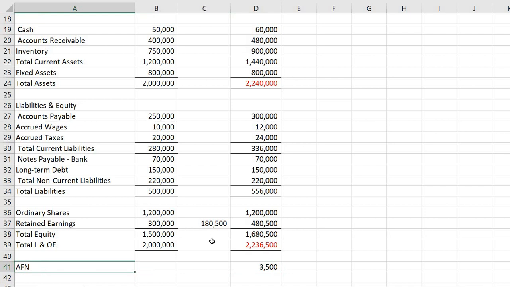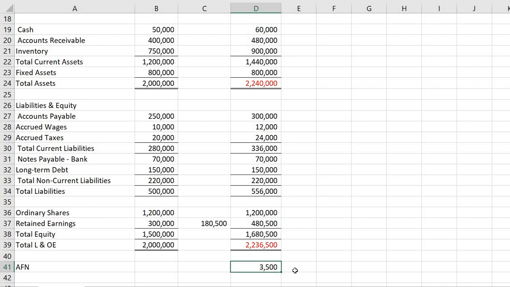So take note, that is your additional funds needed, or additional financing need. So ibig sabihin, with your projection, with your financial planning, you are able to project that for you to be able to support your 20% increase in your sales, you will need additional financing in the amount of 3,500.